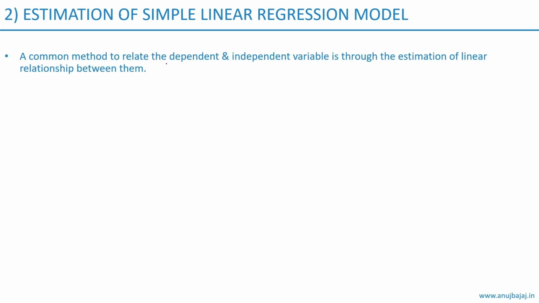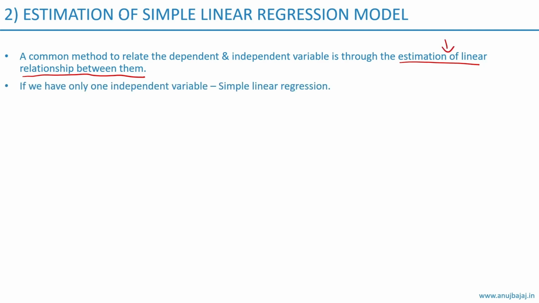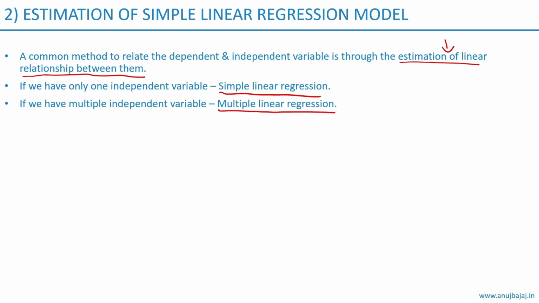A common method to relate the dependent and the independent variable is through estimation of the linear relationship between them. And we use the linear regression method to estimate this linear relationship. If we have only one independent variable to explain the dependent variable, we refer to this as simple linear regression. But if we have multiple independent variables, we refer to it as multiple linear regression.